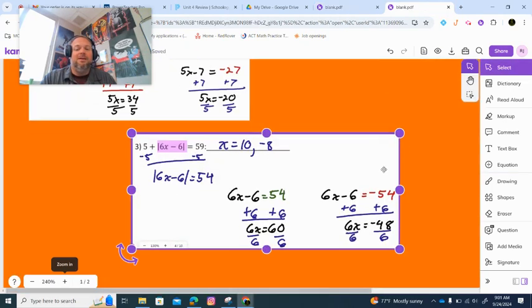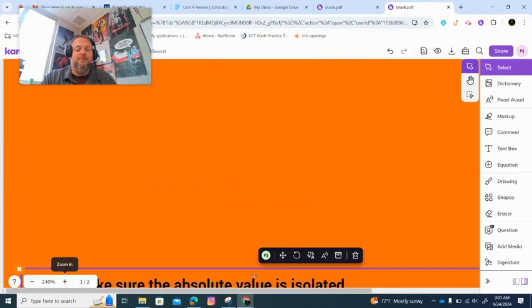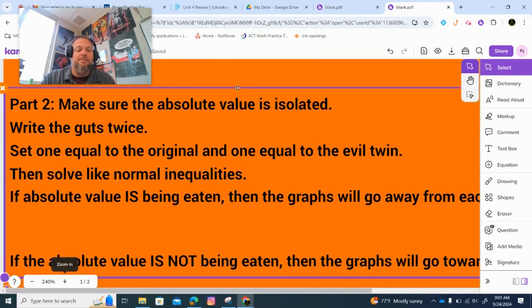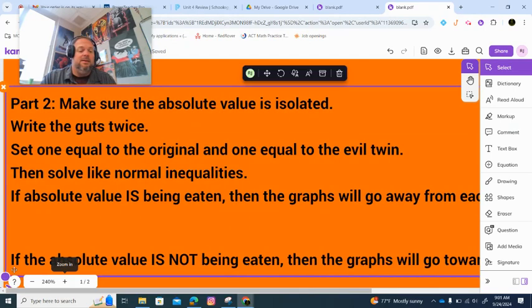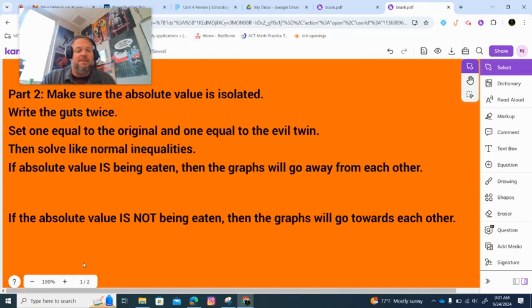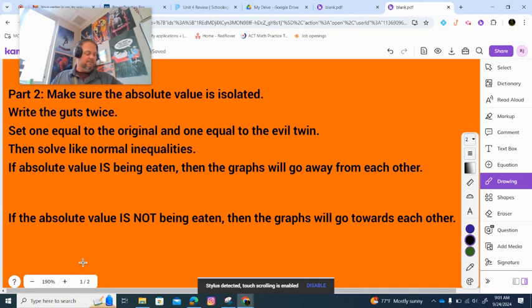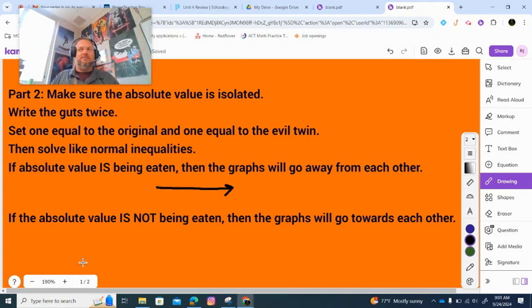All right. For part 2, it's very similar to part 1. What I've typed out. Make sure absolute value is isolated. Write the guts twice. Evil twin. Saw that normal. All right. If absolute value is being eaten, the graphs go away from each other. So that means, yes, you may go to the bathroom. That looks like this.